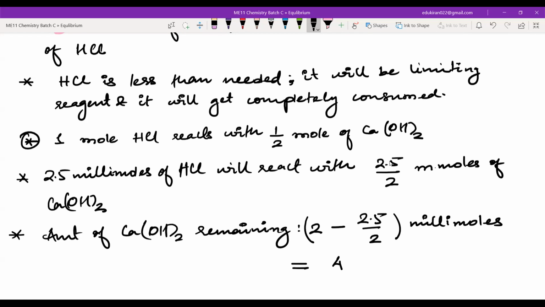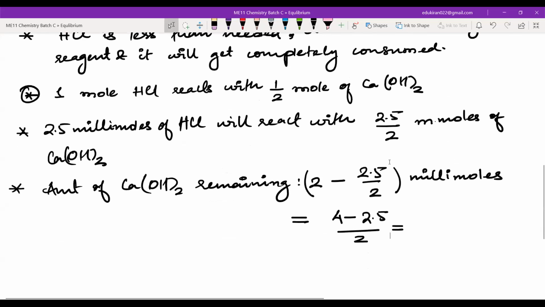So can you tell me this will be what? 2 minus 2.5 divided by 2. What will be the answer, guys? 1.5 by 2, which will be equal to 0.75 millimoles. Correct?